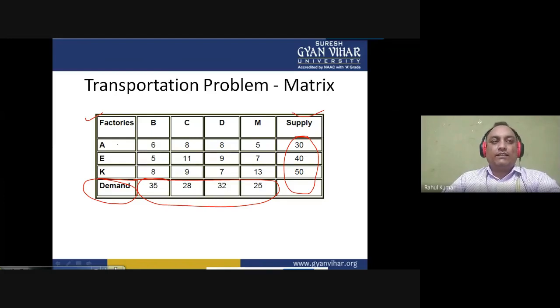These are the sources, and here are the destinations also. So the sources are A, E, K, and the destinations are B, C, D, and M.